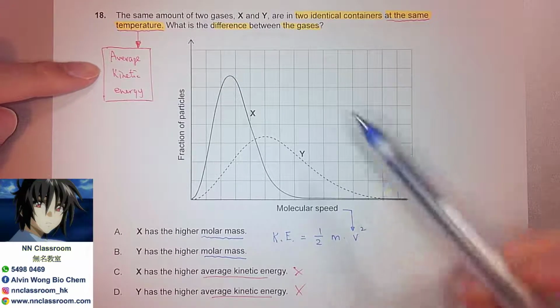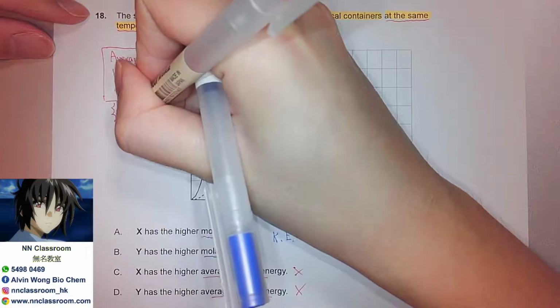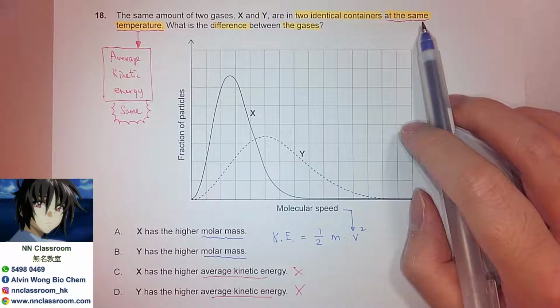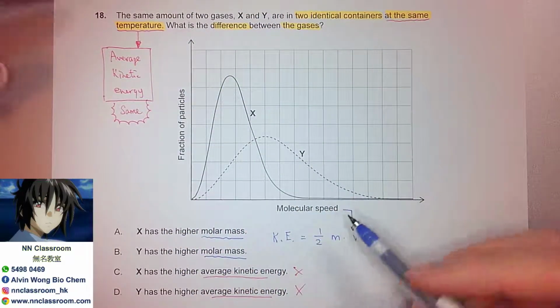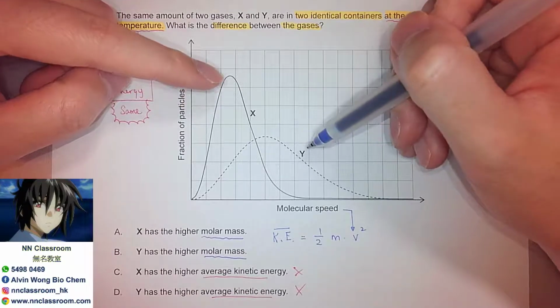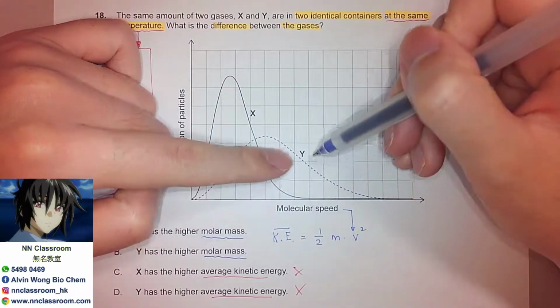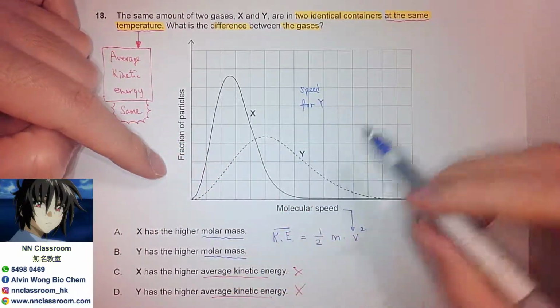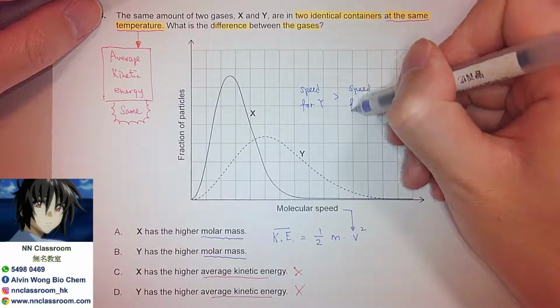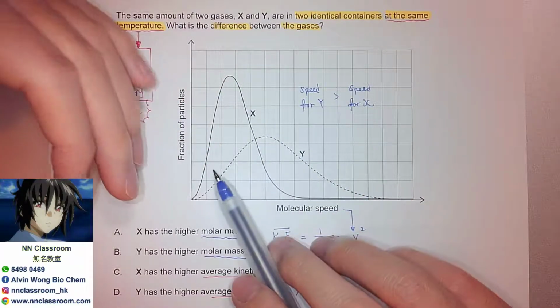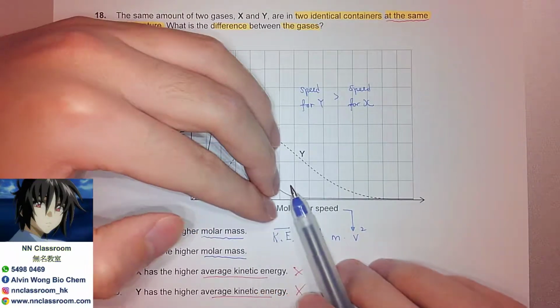Assuming the average KE is the same, because they have the same temperature and temperature reflects the average KE, for this diagram we can spot what is going to be different between X and Y: the molecular speed for Y is generally bigger than the molecular speed for X. As we can see, at the peak value, the majority of the particles have a relatively higher speed, slanting more to the right-hand side.